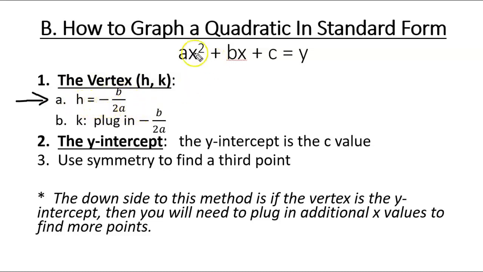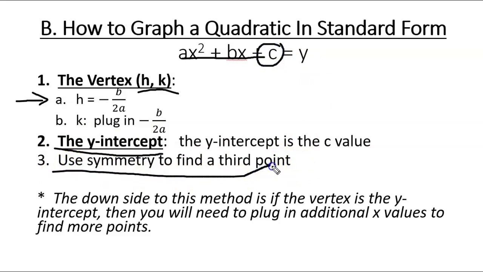Then I'm going to take that answer and plug it back in so I can find the y value that goes with it. And that will tell me the vertex. Once I have the vertex, I'm going to find the y-intercept. And remember, the y-intercept is just this number right here. After that, we should be able to get a pretty good sketch of our graph.